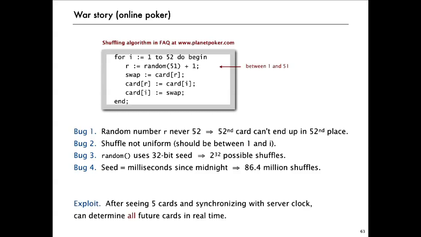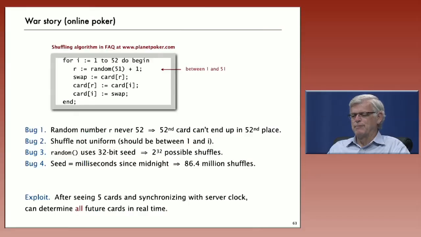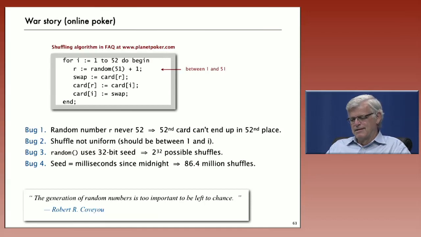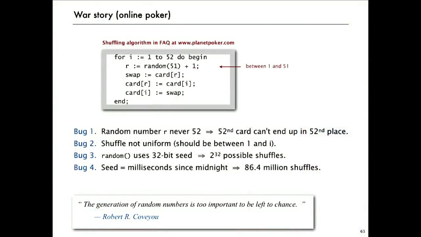And in fact, it didn't take that much hacking for someone to realize that after seeing 5 cards and figuring out what the server clock was doing, you could get all the future cards in real time in a program. And that's a pretty tough thing to have happen if you're implementing online poker. You might want to make sure that if you're advertising that you're doing a random shuffle, that you go ahead and do so. A famous quote, and there's many similar quotes, the generation of random numbers is too important to be left to chance.